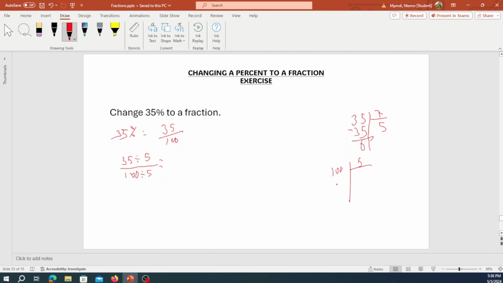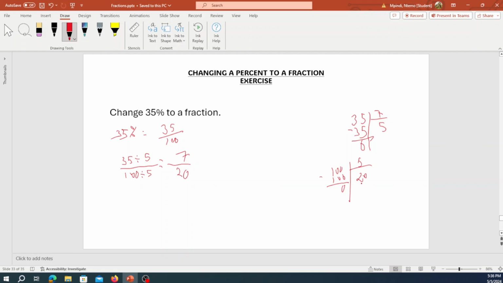We need to find a number that when we multiply by 5 is gonna give us 100. 20 times 5 equals 100. So here the answer is 20. And then here on the top, the answer is 7.